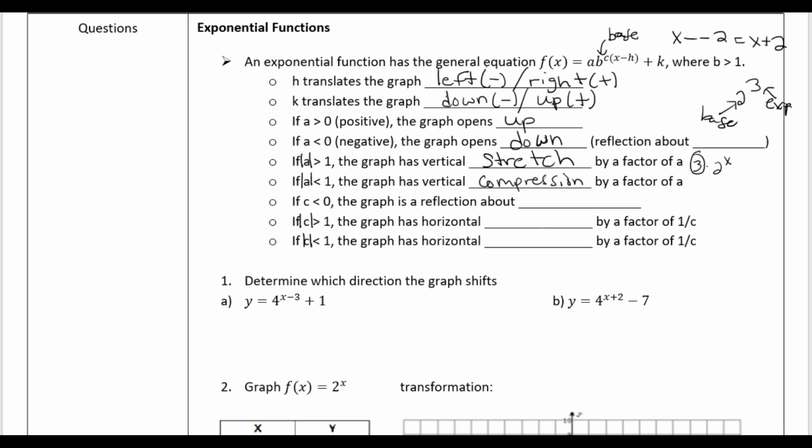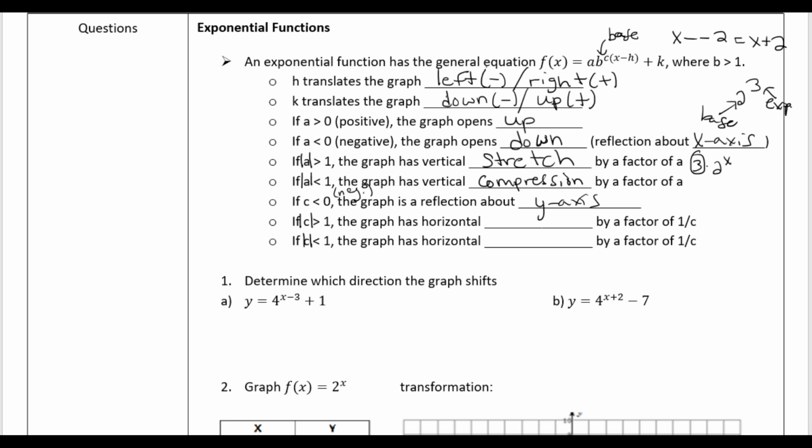And if c is less than 0, so c is this guy here, which means it's negative, that means the graph is a reflection about the y-axis. And then if a is negative, then it's a reflection about the x-axis.